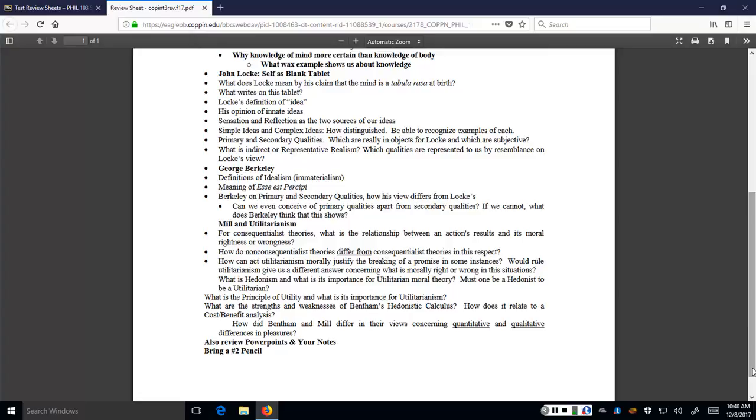So Locke's view, among other things: these people did not think that there was anything like action at a distance, causality at a distance. So they're saying whatever the mind experiences can't be some distant object. In other words, the common sense view is that when I look at the projector over there, the experience I have of perceiving that projector comes from the mind being acquainted with a distant object in the room.